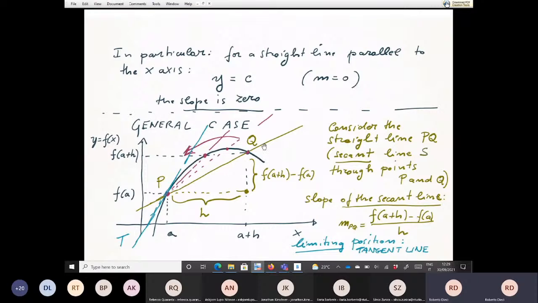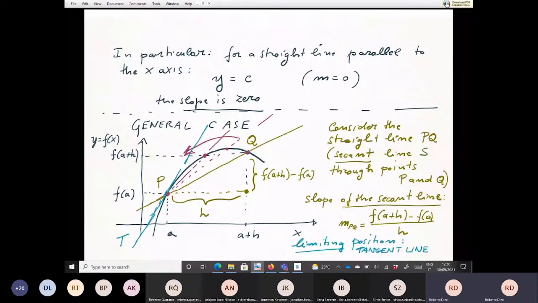What is the slope of this straight line? It is the difference between the vertical coordinates over the difference between the horizontal coordinates. The difference between the two points on the x-axis in the denominator is h. In the numerator we have f of a plus h minus f of a. It is the same expression we got before, but now it depends on both a and h. It's not constant like in the case of the straight line.